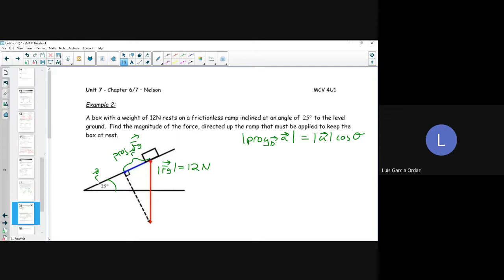So in order for me to figure this out, I need to use this projection over here, which means I need to use this angle right over here. So who can tell me how we can figure out what that green angle is going to be?